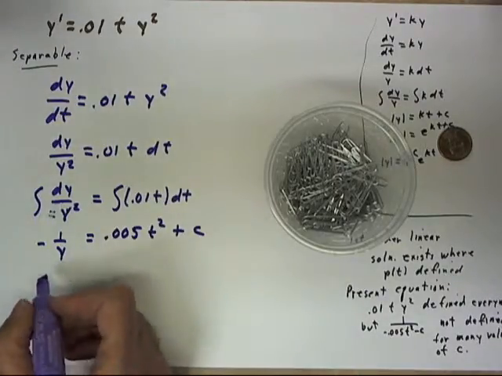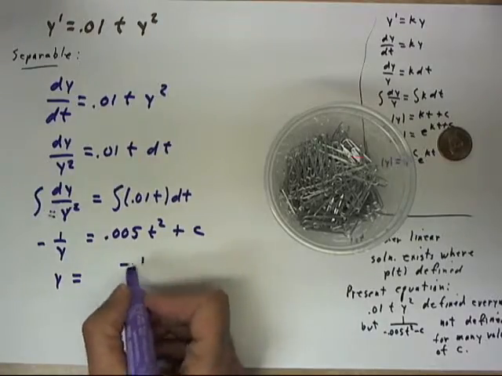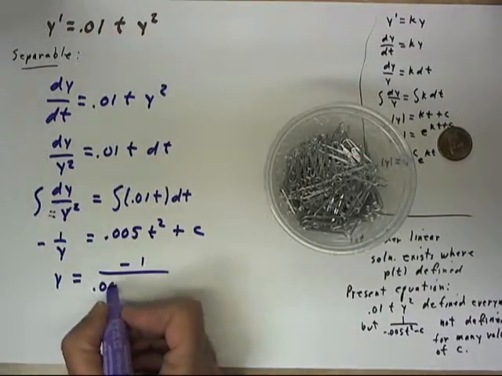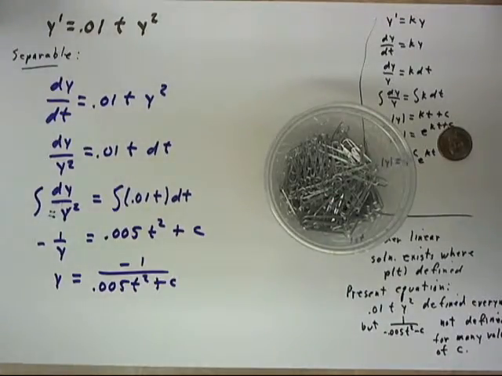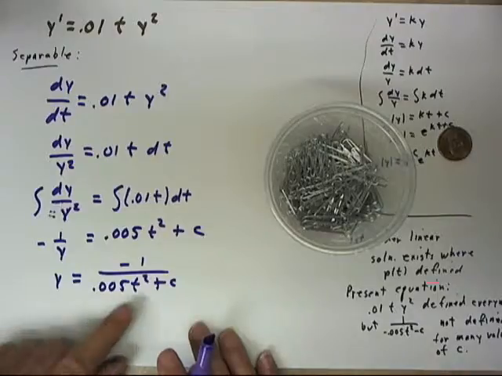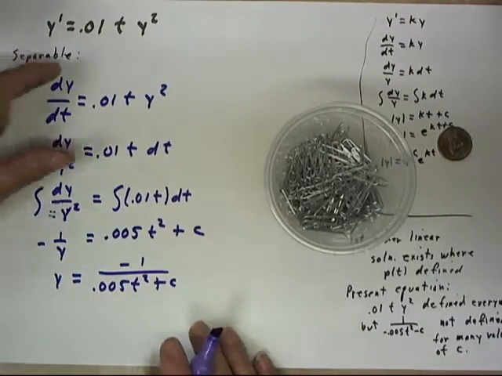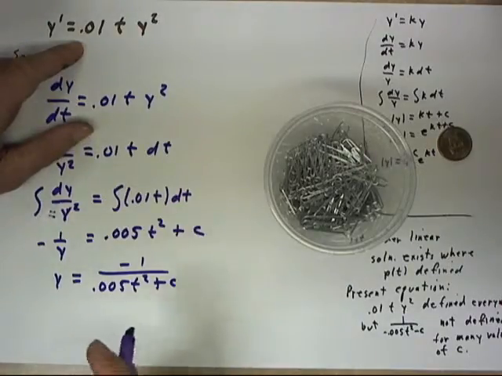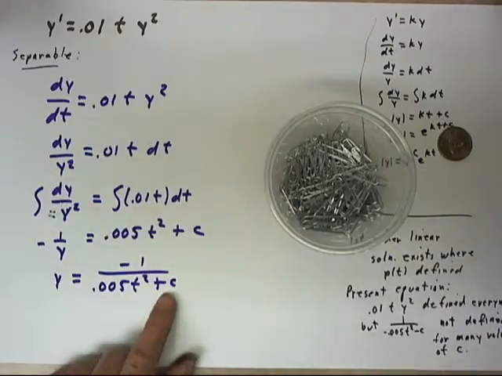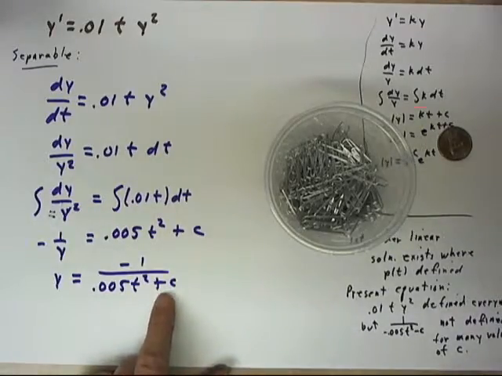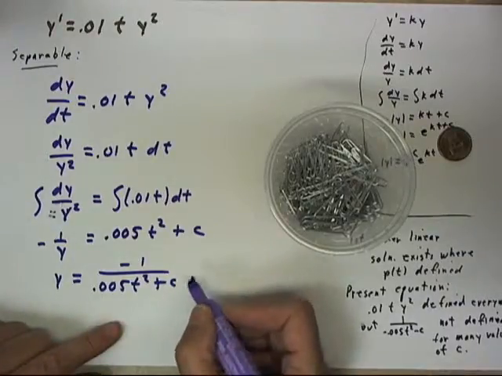Now we still need to solve for y, but that's easy. Y would then equal negative 1 over 0.005 t squared plus c. So we've got a solution of this equation. Now if we have an initial condition, we can use it to evaluate c. We also note that this isn't defined for all c.